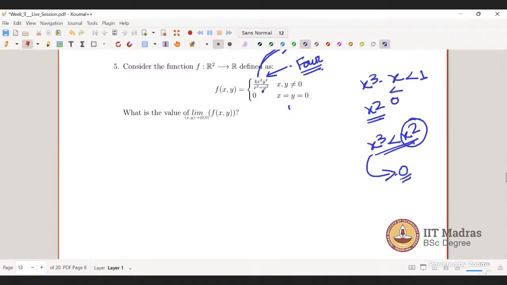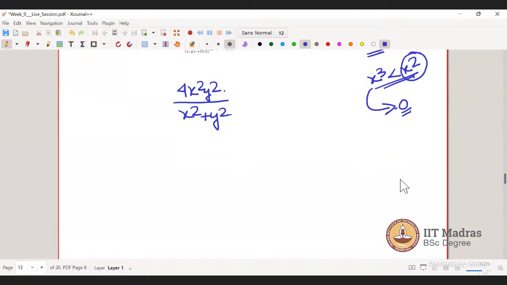So the first thing we'll do now: we know that x square is always greater than 0, and it's less than x square plus y square.